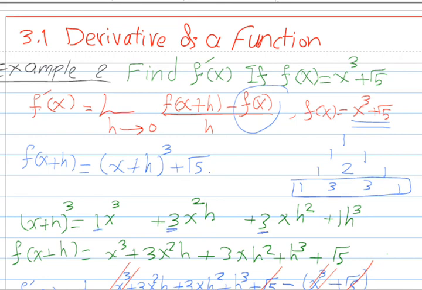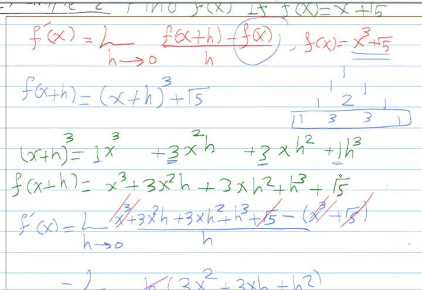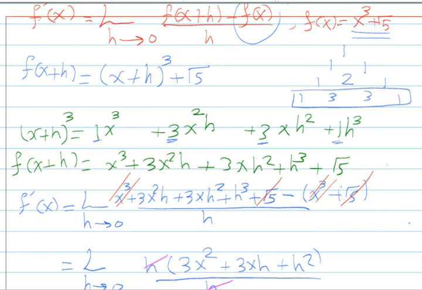The first term x takes the full power, which is 3, and each time we decrease 1. And h takes for the last term the full power, and each time we decrease the power by 1. Then we find f of x plus h by writing this, and don't forget to add plus radical 5.